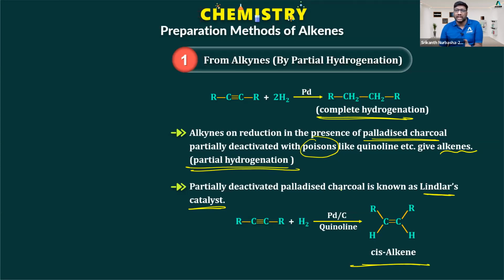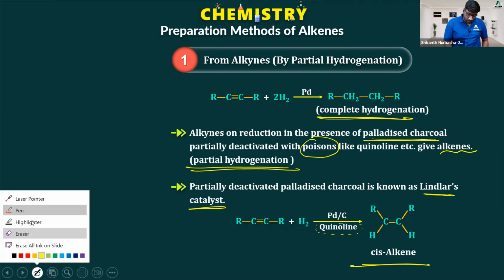The reaction stops at the alkene stage because quinoline acts as a poison. It acts as a competitor to get adsorbed on the surface where the reactant molecules are adsorbed and react. If the competition increases, the reactivity will obviously decrease. So the hydrogenation of alkyne to alkane does not happen directly; it stops at the alkene stage. That is nothing but partial hydrogenation.